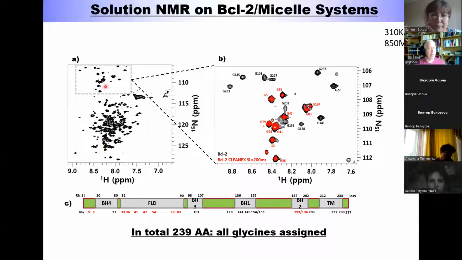But what we see are all glycines, which we can also assign. So we can say which dot is which glycine in the sequence. We can say, okay, we have a glycine at position 5, at 8, up to 237, the TM transmembrane part. And another postdoc in our group also ran NMR to look at which residues are water soluble, sitting on the surface and seeing some aqueous environment, and which are not.